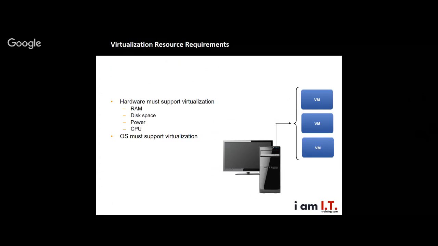All right, so resource requirements. Like I said, you are going to need a bunch of RAM and a very powerful CPU. Before planning to migrate a system from a physical environment to a virtual environment, you need to make sure you have the right hardware in place. And by hardware, I mean something that's capable of supporting your base operating system and your guest operating systems running at the exact same time.